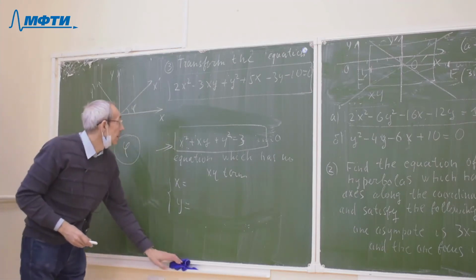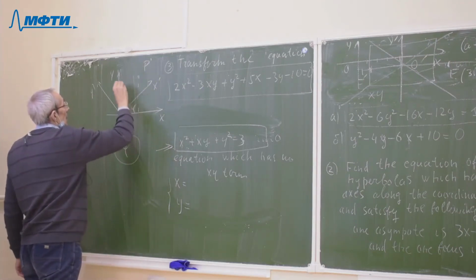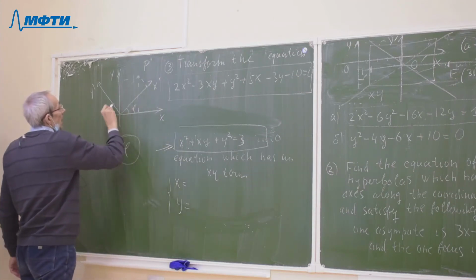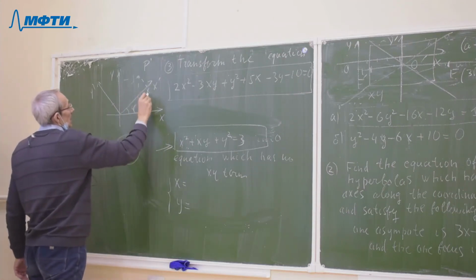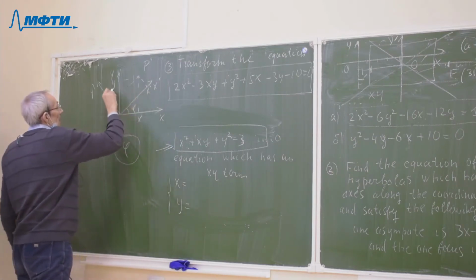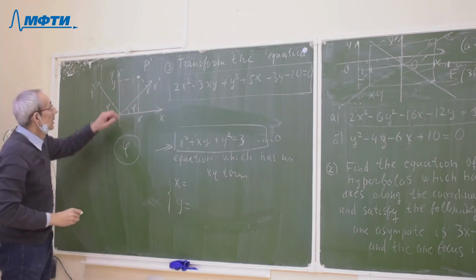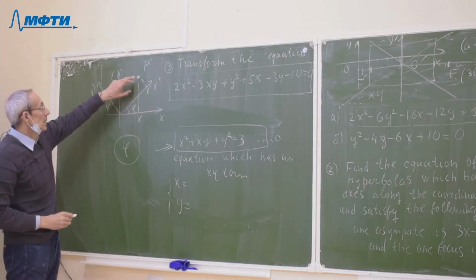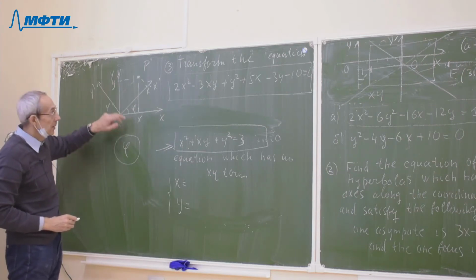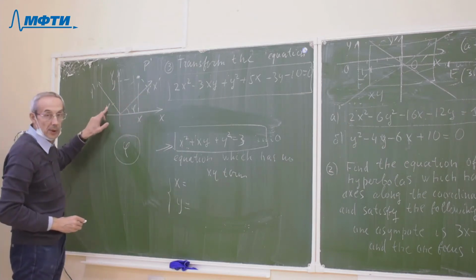And we have some point P, with its coordinates x prime, y prime, and x and y. And we would like to express the old coordinates x, y in terms of the new coordinates x prime, y prime.